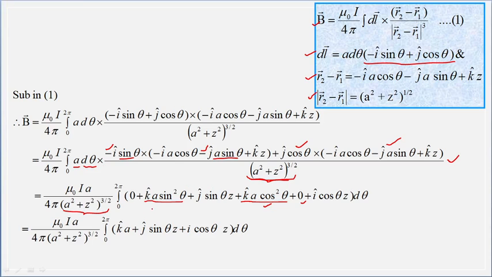Then next, take these two terms: ka sin square theta plus ka cos square theta. So ka comes outside. Sin square theta plus cos square theta is 1, so what remains is ka. Then j sin theta z plus i cos theta z and d theta.